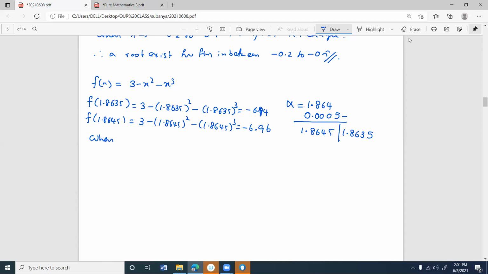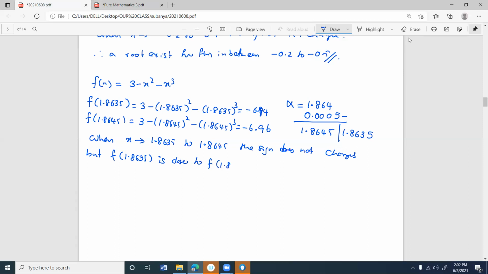This is the way of writing the answer. When x goes from 1.8635 to 1.8645, the sign does not change, but f(1.8635) is close to f(1.8645).